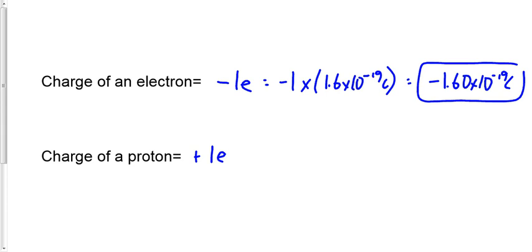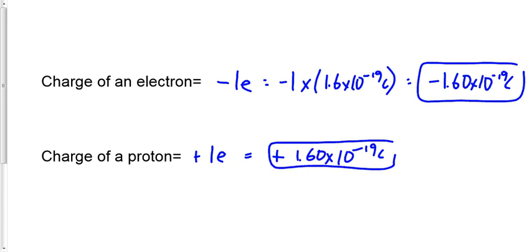Right? Like, that's a small charge. That's why it takes so many of them to make a coulomb of charge. Charge of a proton, plus 1 times the elementary charge, or plus 1 times 1.6 times 10 to the minus 19, or we'll just say plus 1.6 times 10 to the minus 19 coulombs. Exactly the same charge, opposite nature of charge. One's positive, one's negative. Yep.